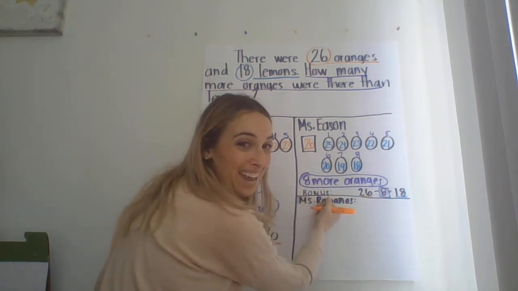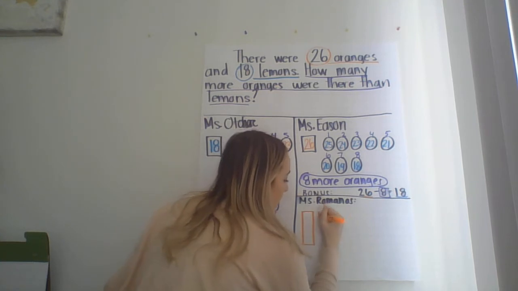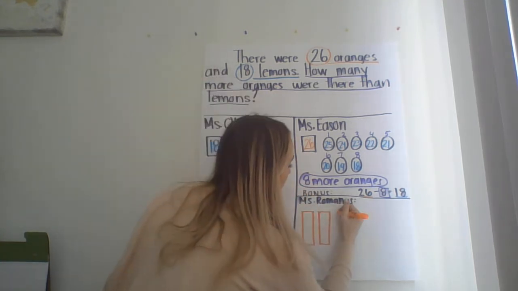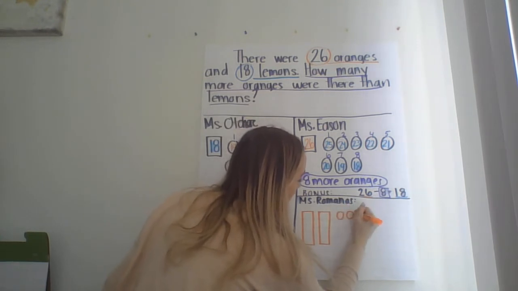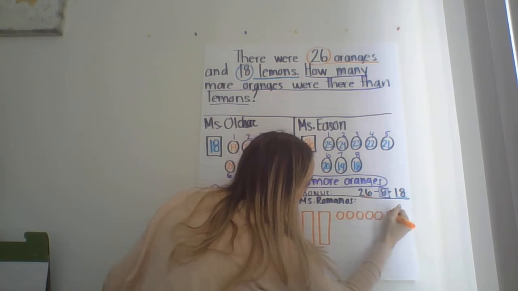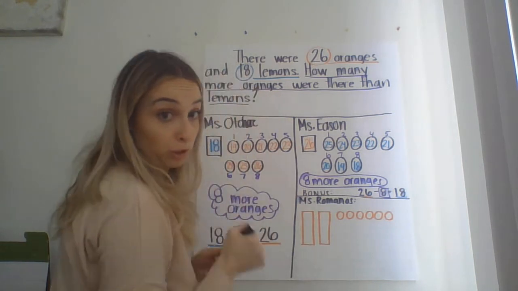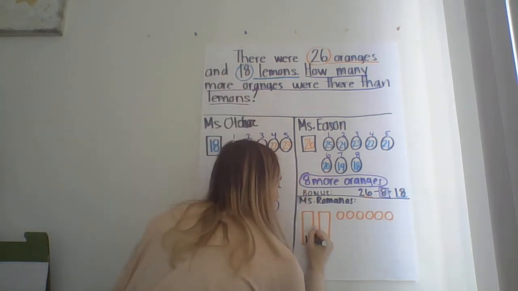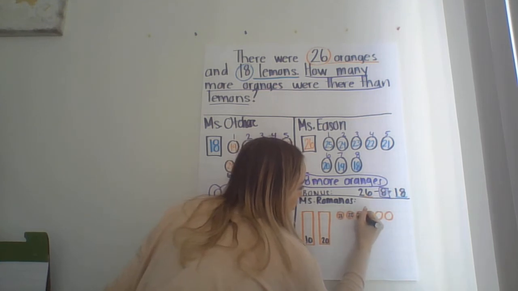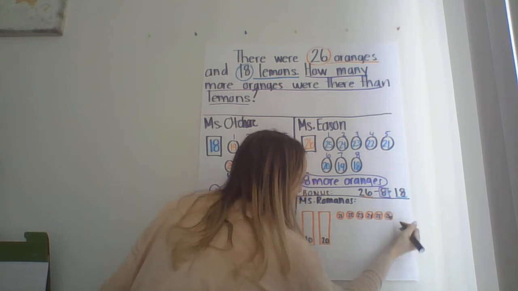So count by tens, get ready. 10, 20, switch, count. 21, 22, 23, 24, 25, 26. And I'm going to put my numbers inside because this is where it gets really tricky. So we have 10, 20, 21, 22, 23, 24, 25, 26.